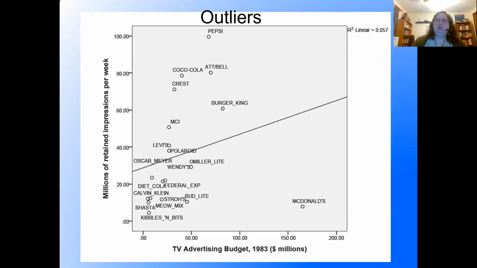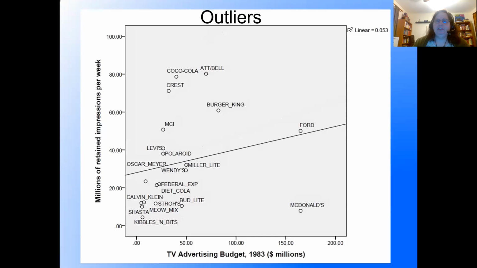I just removed Ford, and you can see the line didn't change very much. We went from 0.066 to 0.057. Not very impressive, so it's not Ford. Now I removed Pepsi. The line changed a little bit more, but again, not by much, 0.053 now.